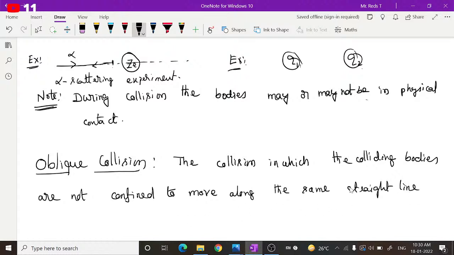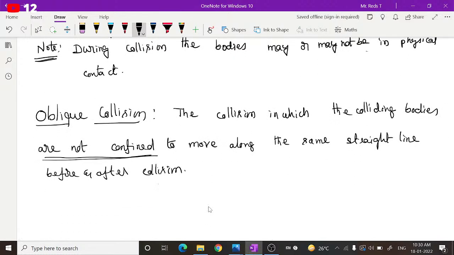You can underline the words 'not confined'. Such a collision is called oblique collision. It can be a two-dimensional collision or a three-dimensional collision. You can also mention that.